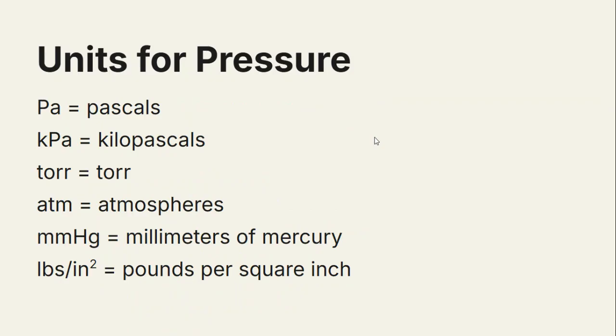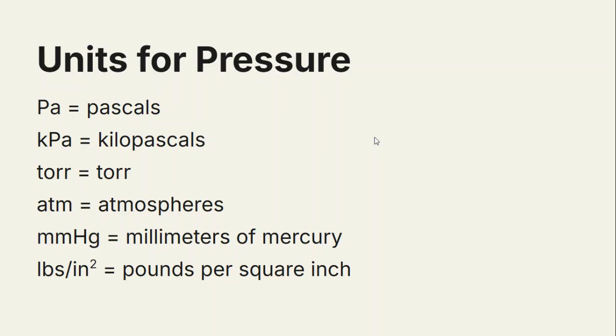Since pressure is very unique to gases, there's a ton of different units that you might see for measuring pressure of gases. Pa is pascals. kPa, which is a fairly popular one that you might see more often than the others, is kilopascals. Torr is torr. atm is another popular one that stands for atmospheres. mmHg is millimeters of mercury.